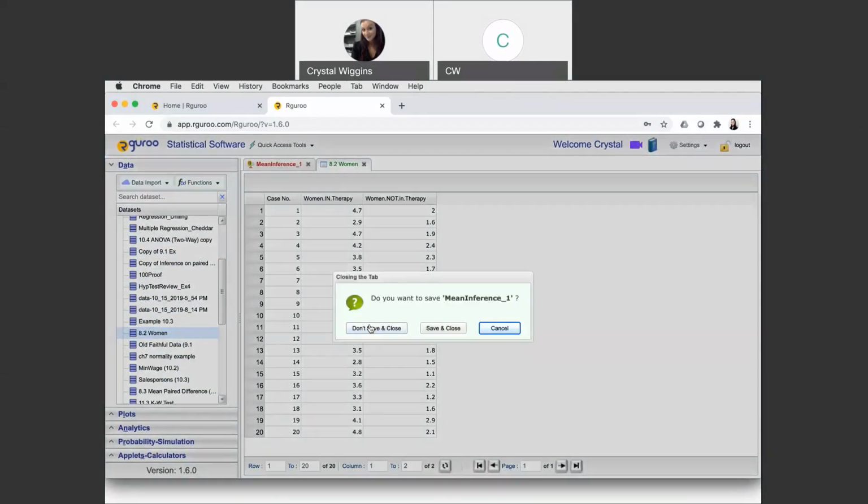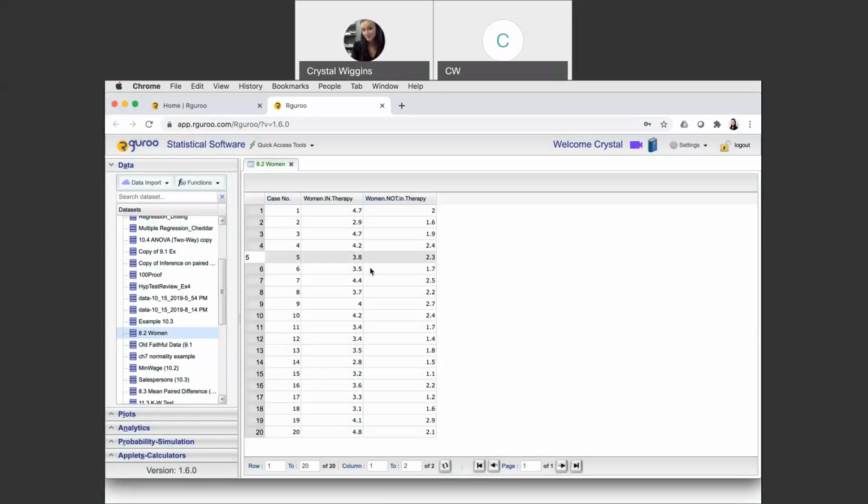The labels are in the gray and all the data values are in the white cells. Okay, so I have the women in therapy and women not in therapy data set, just copied right from the PowerPoint. I could have created it right here in Rguroo, or I could have copied and pasted it into an Excel file and then uploaded it. Either way, it looks good.